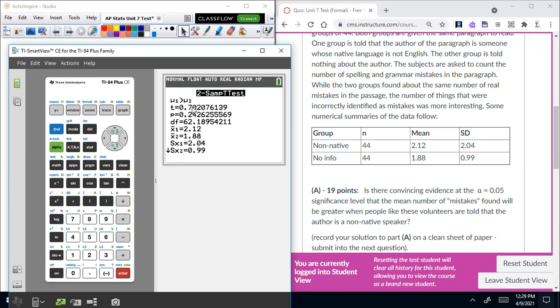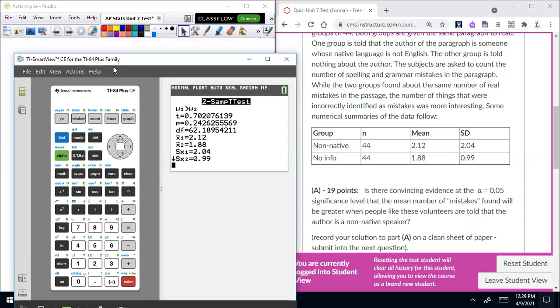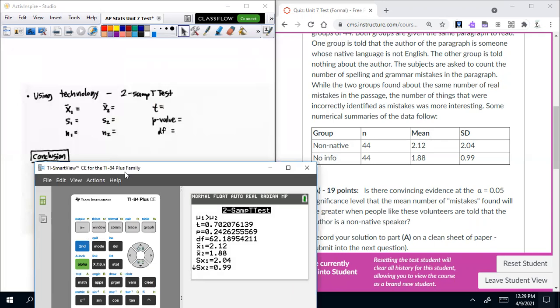But you want to report all these values, right? So I have it set up where I can plug and chug these numbers in here. I'm going to do that real quick. My first mean is 2.12, that standard deviation is 2.04, and 44. The x bar 2 is 1.88, my sample deviation is 0.99, and 44.